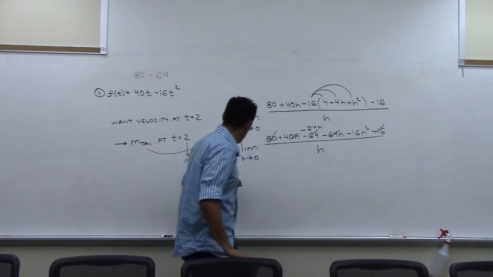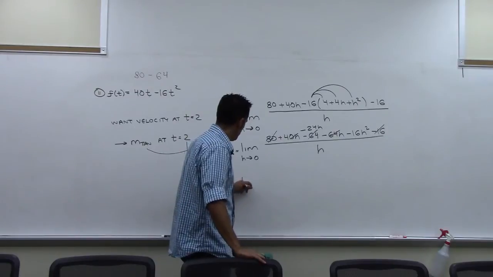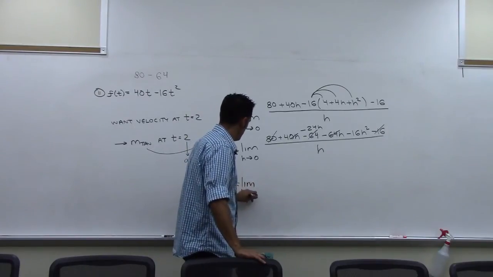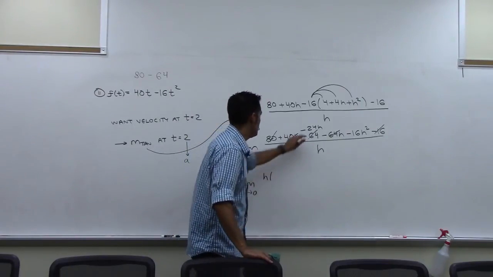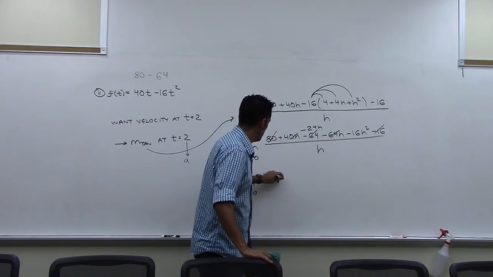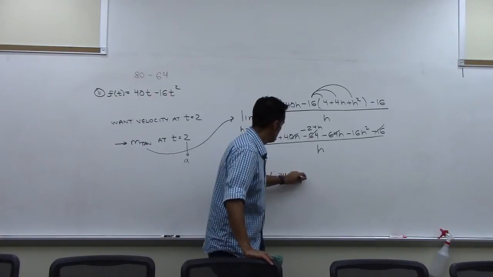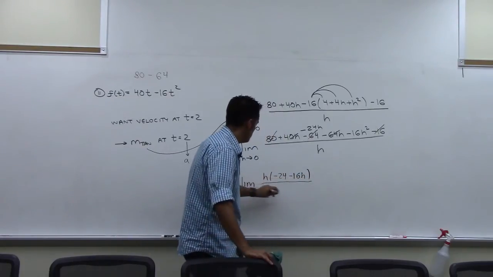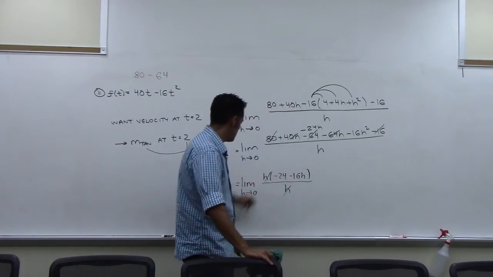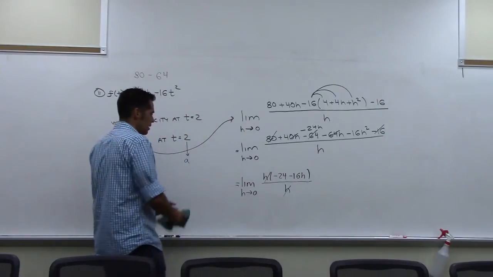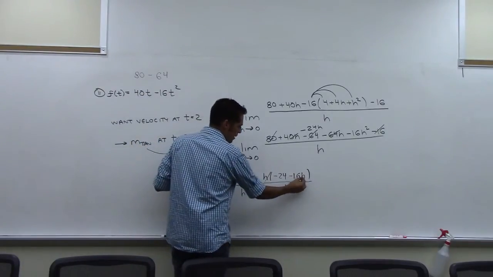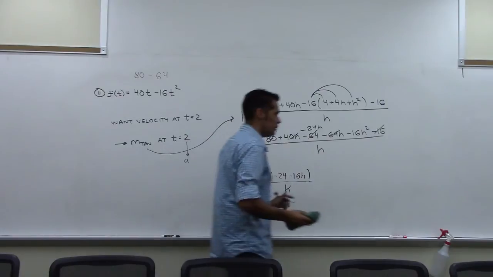I can factor an h out of the top. H comes out. I pulled an h from that, so negative 24, and an h from that, so negative 16h, then all over h. And there it goes. That's what I wanted. Now when you let h go to 0, that goes away, and all you're left with is negative 24.